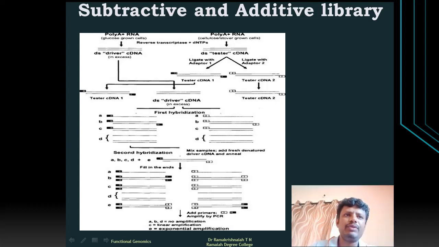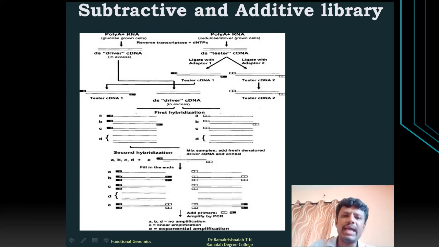The ratio of driver to tester, the overall concentration of driver, the temperature and length of hybridization should be chosen based on the complexity of the driver and the tester, the abundance class of target nucleic acids, and the length of driver and tester sequences.